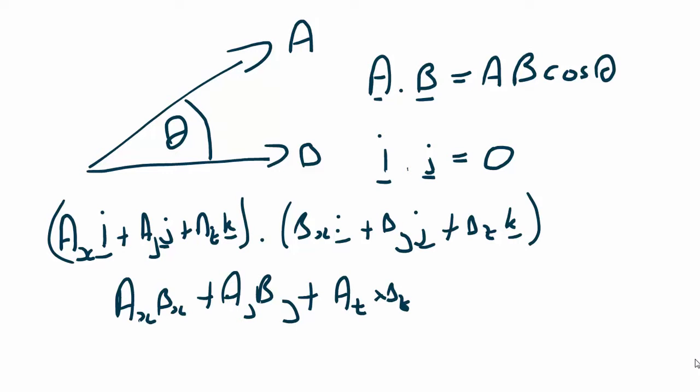You can see there's no i's, j's or k's because it's a scalar result.